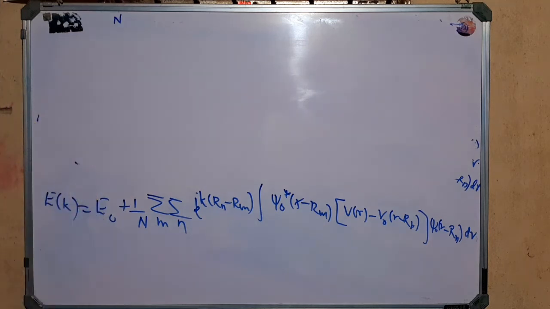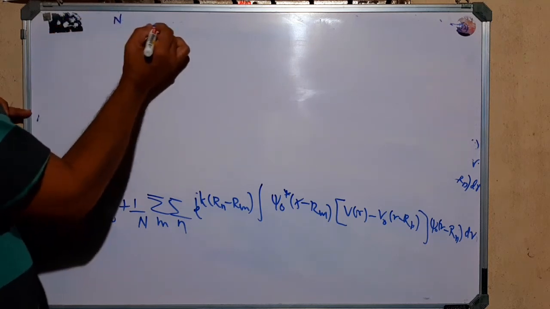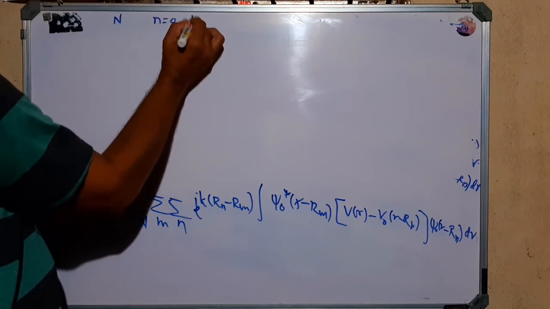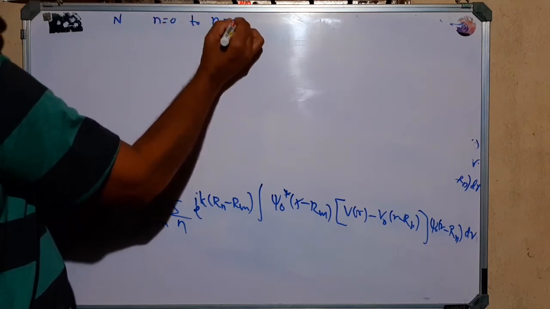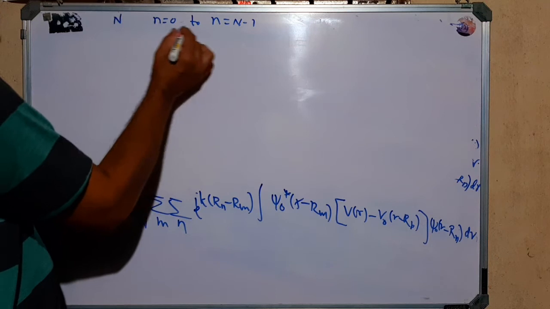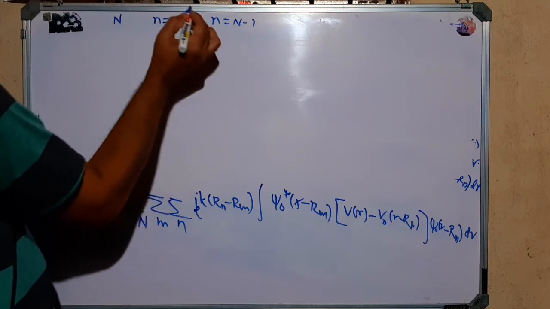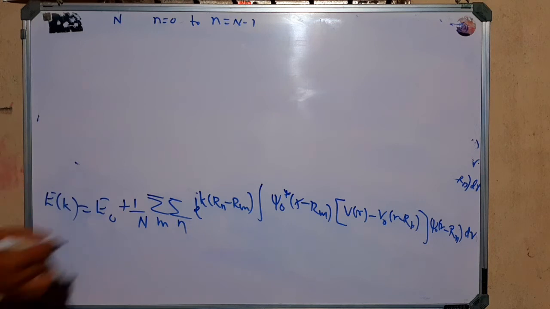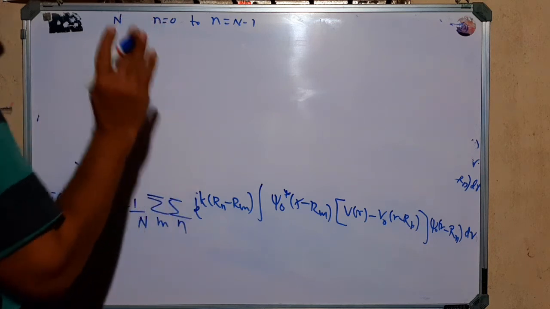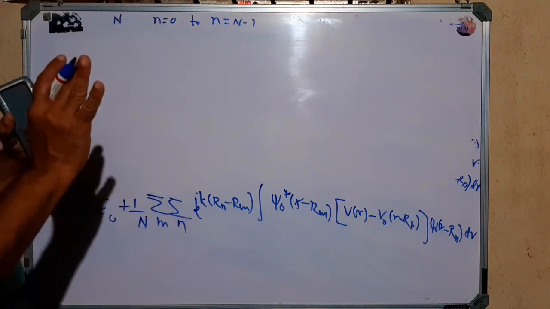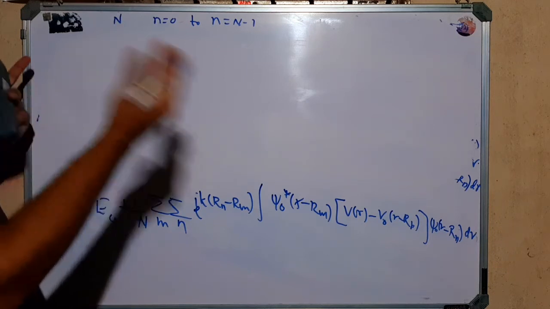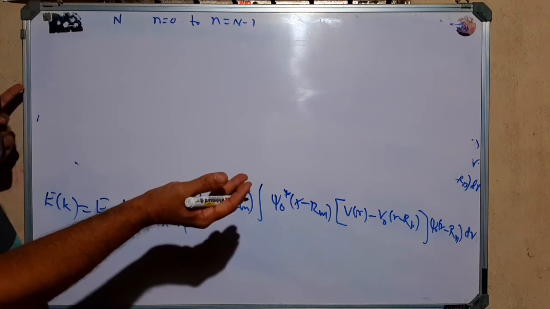So we expect that every term in the summation from n is equal to 0 to n is equal to n minus 1, that is, a total of n identical terms, corresponding to n number of atoms, with n number of electrons under consideration.